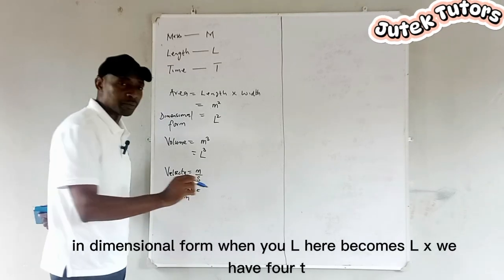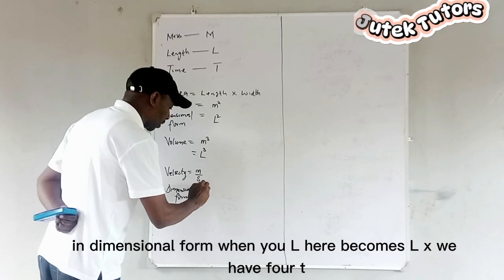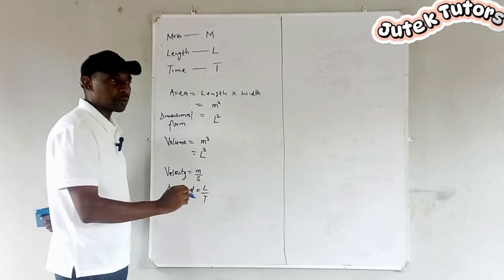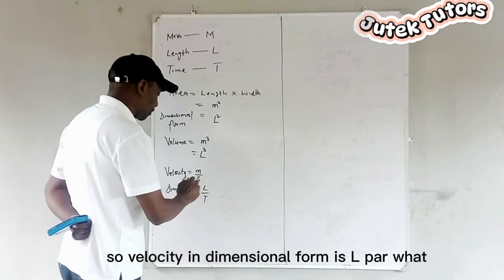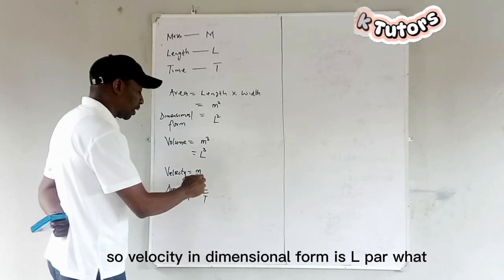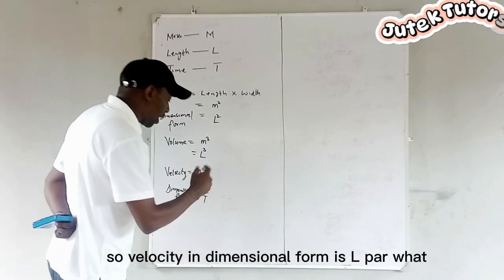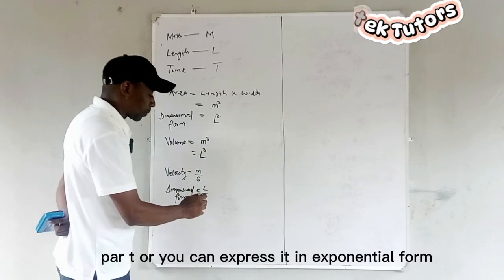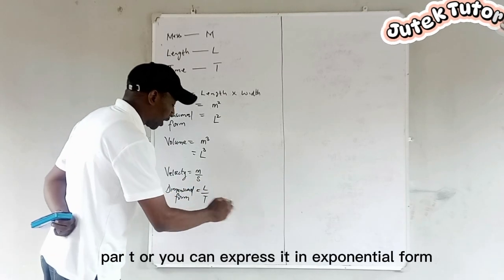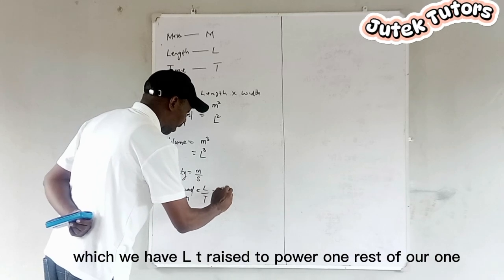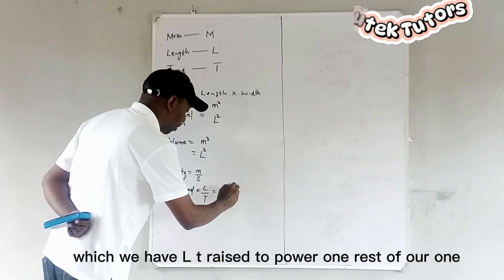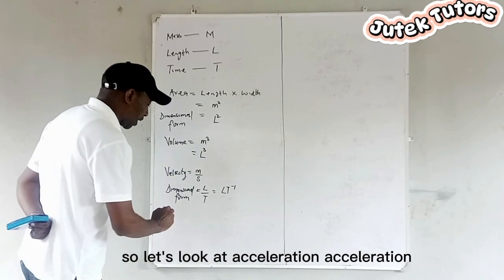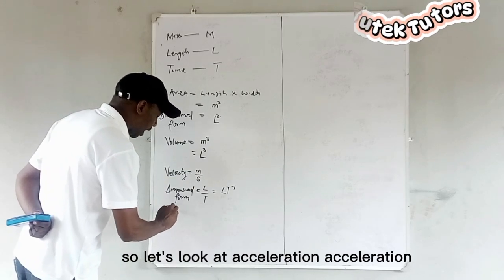L here becomes L, and for second we have what? T. So velocity in dimensional form is L per what? Per T. Or you can express it in exponential form, which is LT raised to power minus 1.